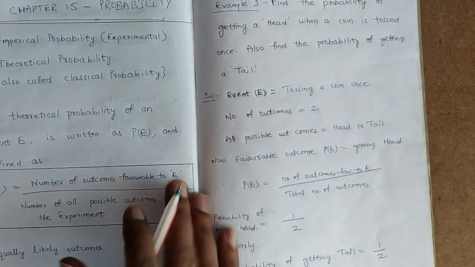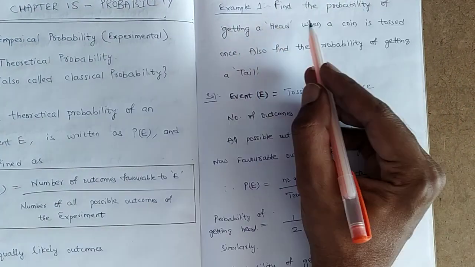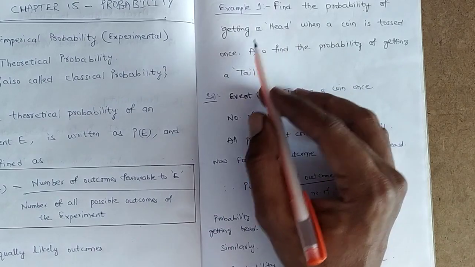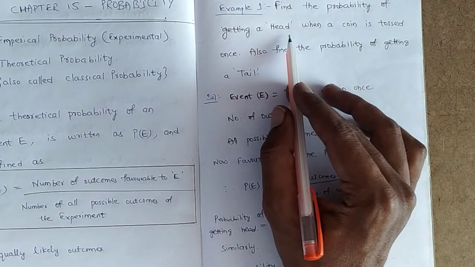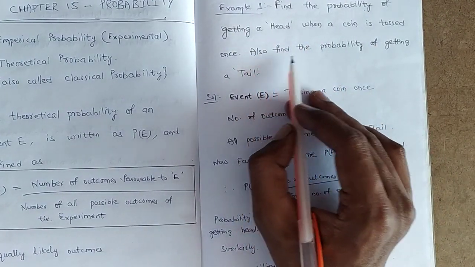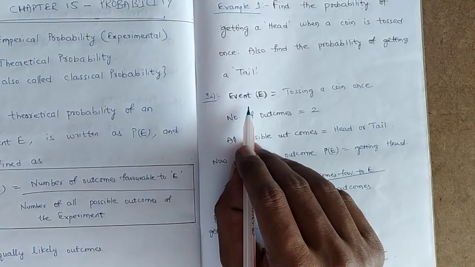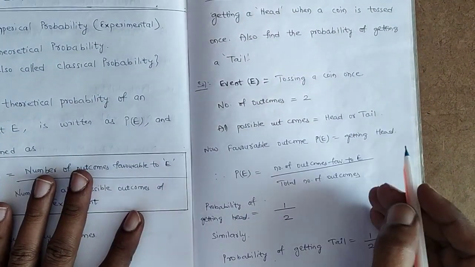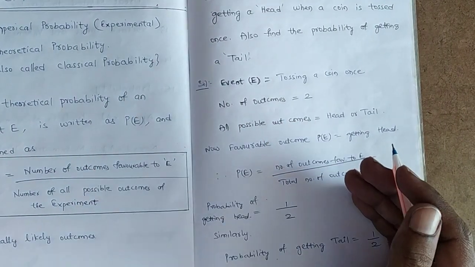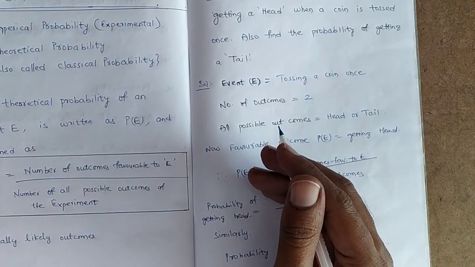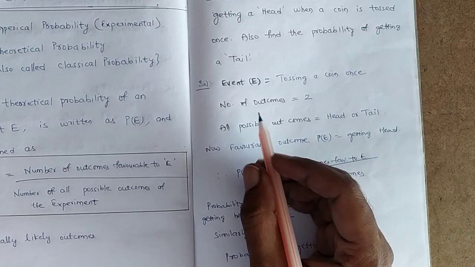So let us see an example of finding the probability of getting a head when a coin is tossed once. Also find the probability of getting a tail. So here we shall write down the event so that we can understand it very clearly.